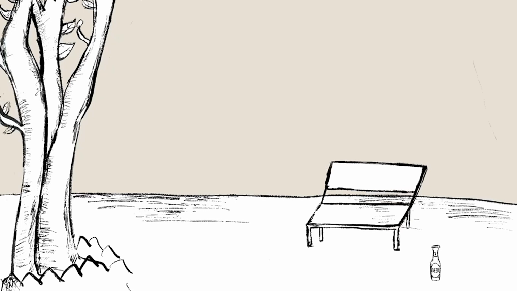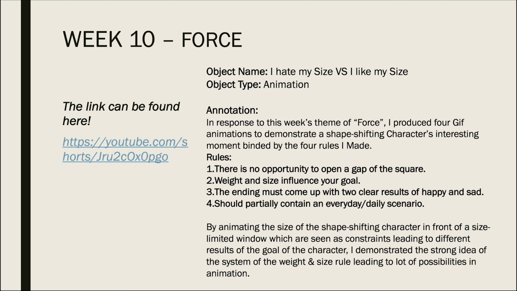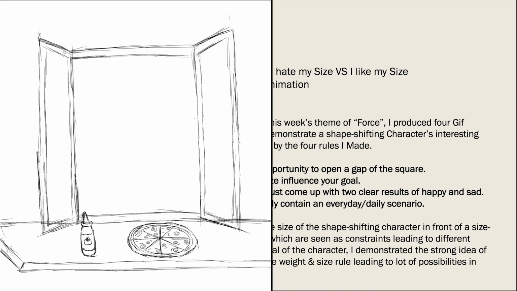In response to the theme of time, I made an animation clip to demonstrate the concept of variable time. I animated the slow movement of a leaf falling down with the change of background color, and demonstrated an interpretation of a lazy and relaxed morning, using time as a basic material. In response to the theme of force, I produced four GIF animations to demonstrate a shape-shifting character's interesting moments, bounded by the rules I made.